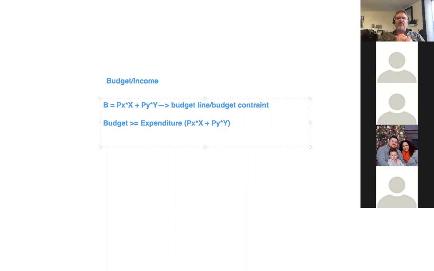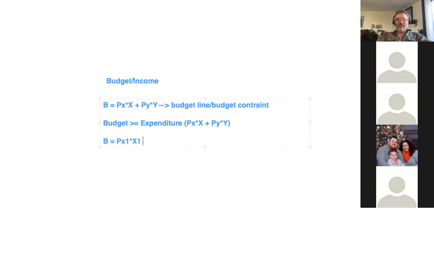So okay, you can't spend more than your budget, and I just also want to show you really quickly one of the things that you should be curious about: is there something suspicious going on because we're just dealing with two goods? And as I said before, you can reformulate this.